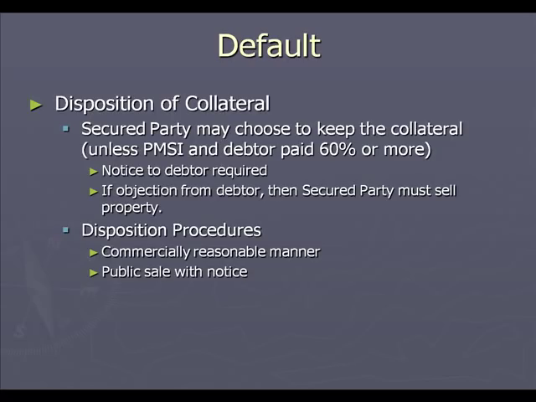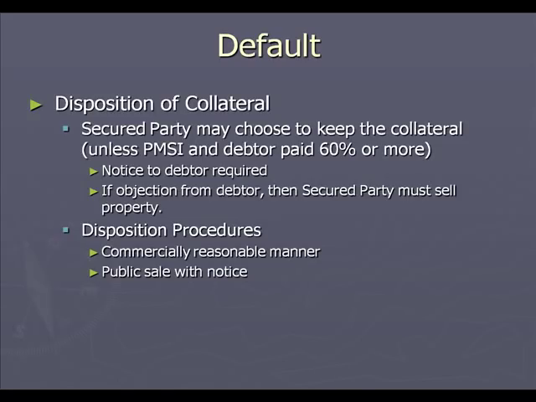The bank can't just call the bank president's brother and say, hey, great deal. This guy only owes us $5,000 on his $40,000 truck, and all I care about getting is the $5,000. So why don't you buy the truck from me for $5,000 and it's taken care of. The bank can't do that.